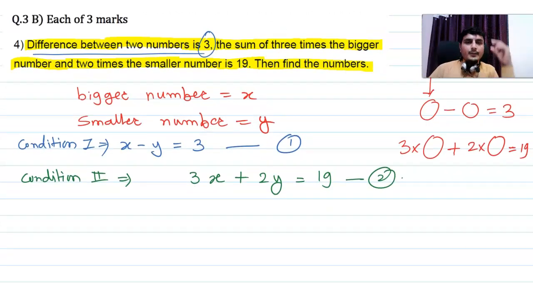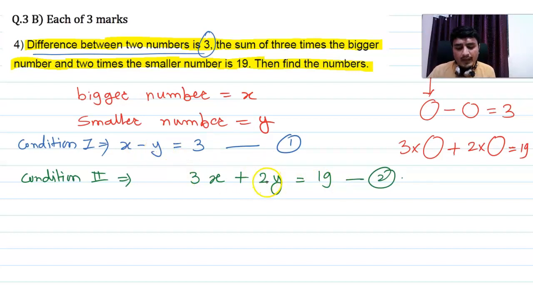Now to evaluate the bigger number and the smaller number, what shall we have to do? Try to simplify equations 1 and 2 simultaneously, or by using Cramer's rule, or by using the graphical method. You will get the unique solution, no doubt. So we are trying the simultaneous equations here by eliminating variable y, because look at the coefficients of variable y from equations 1 and 2. In equation 1 we have minus 1, in equation 2 we have a positive 2.